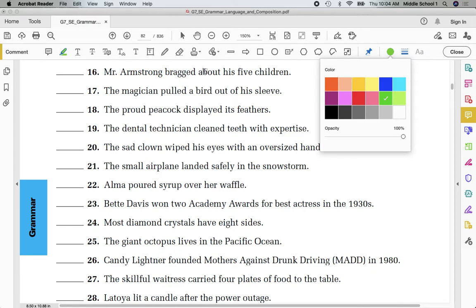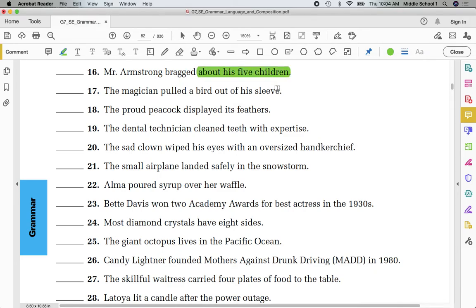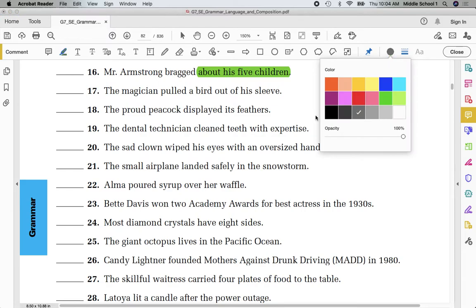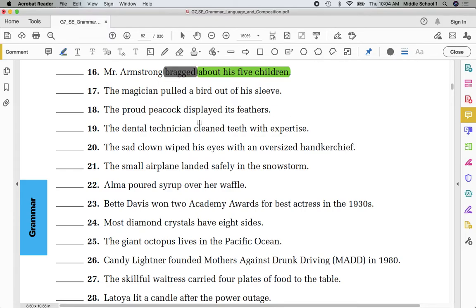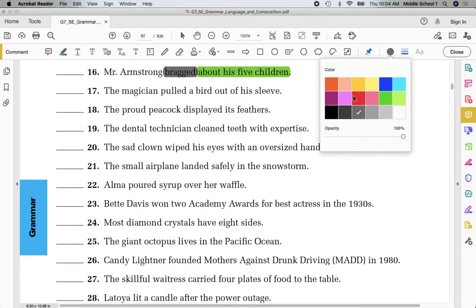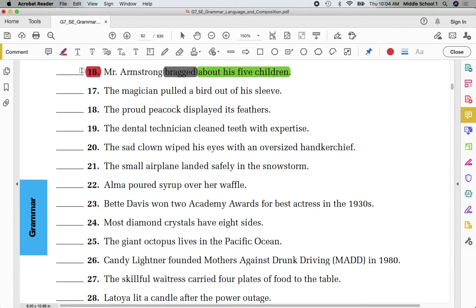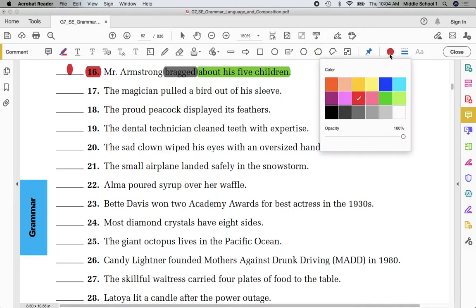What's my prepositional phrase? About 5 children. What is my verb? My verb is bragged. Does it contain a noun? No. 16 is intransitive.